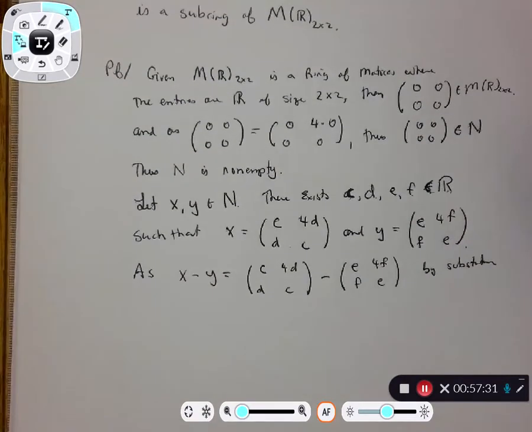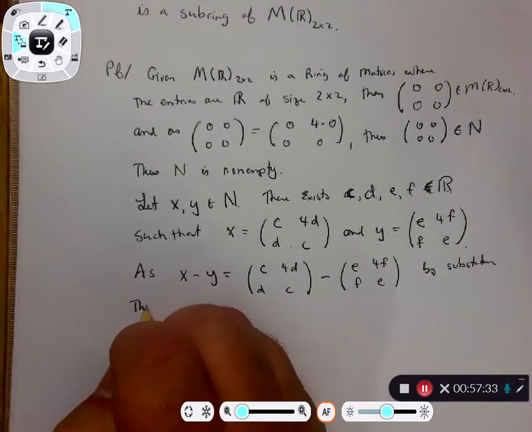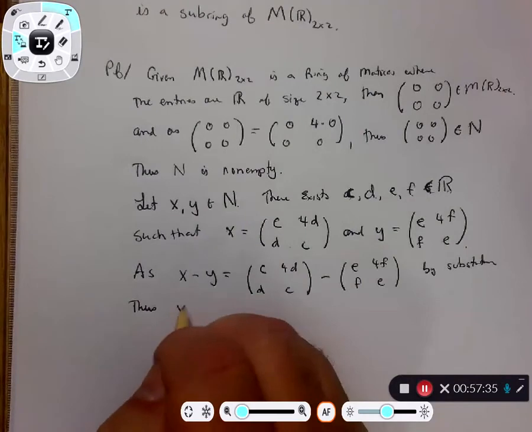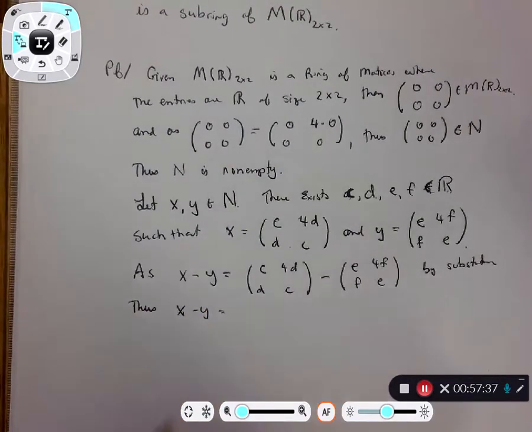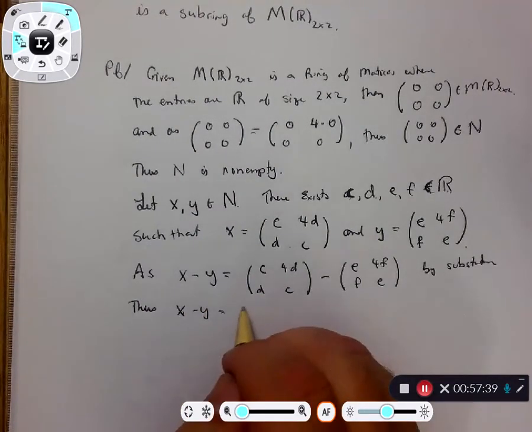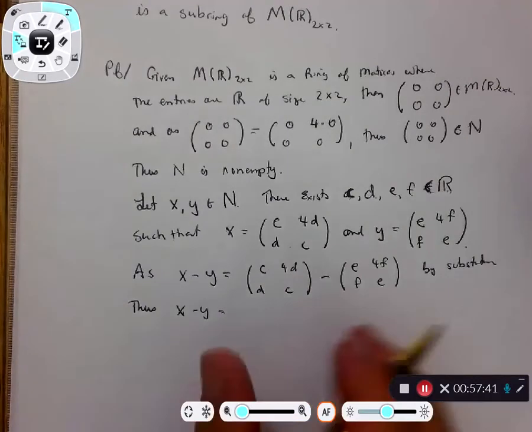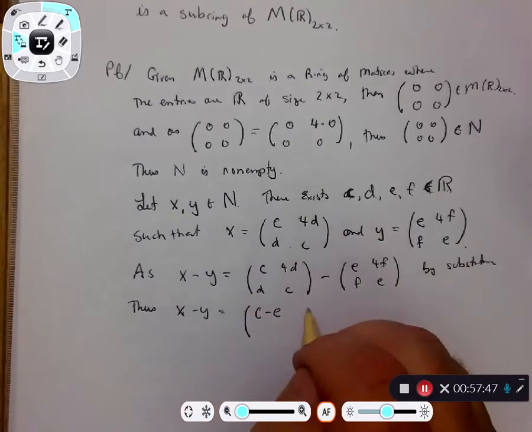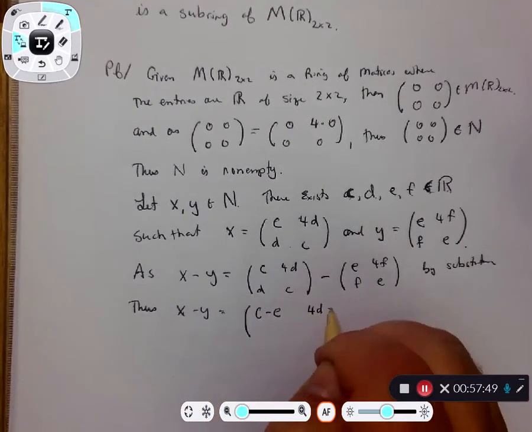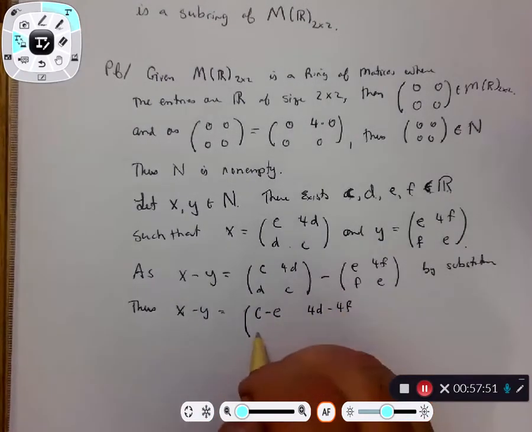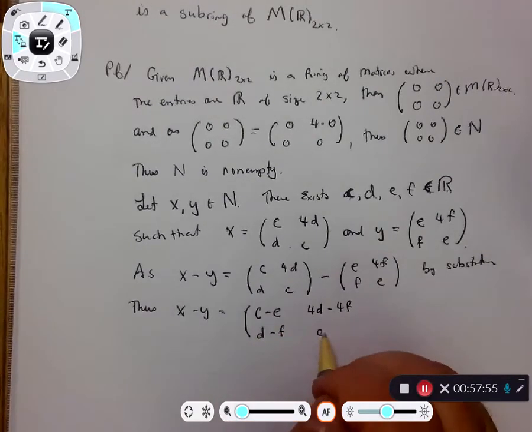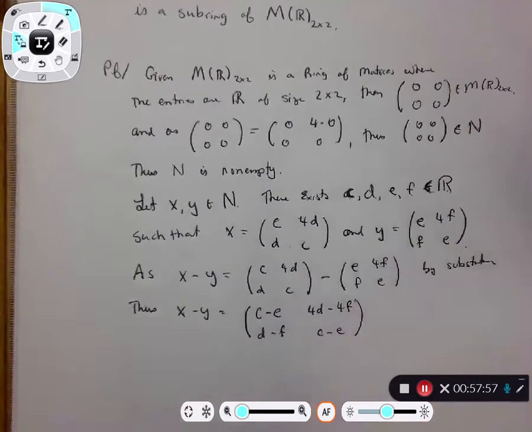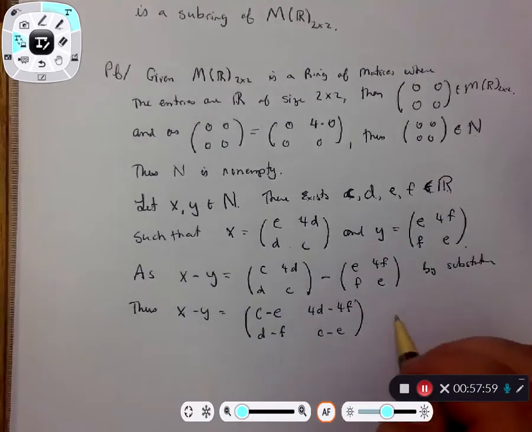Thus, x minus y is equal to, and how do you subtract matrices? You subtract components. This would be equal to C minus E, 4D minus 4F, D minus F, and C minus E, by subtraction.